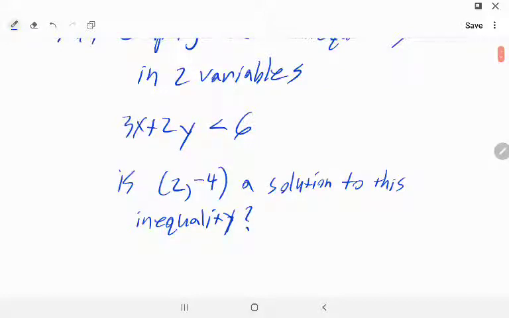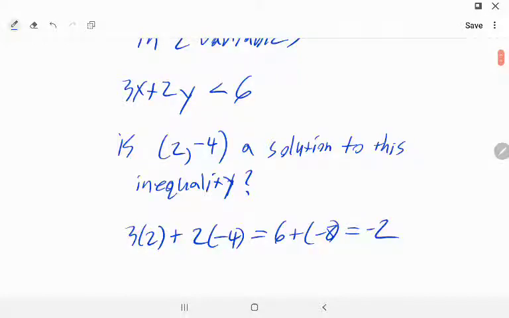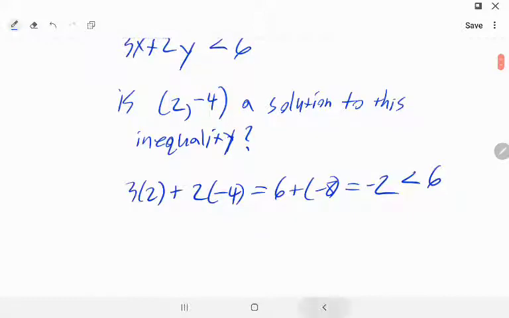And to answer that question, all we have to do is plug it in. We notice if we take 3 times 2 plus 2 times negative 4, that's going to give us 6 plus negative 8, which is negative 2, and negative 2 is less than 6, and therefore the answer is yes.